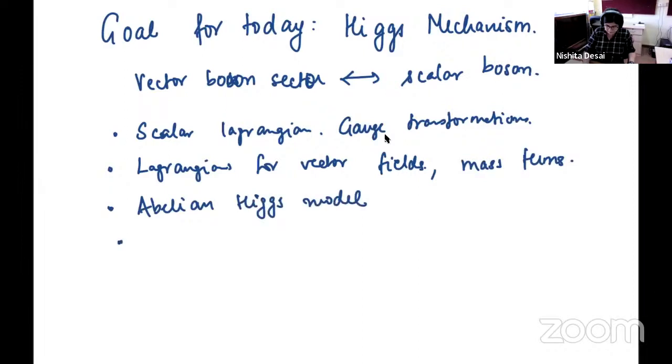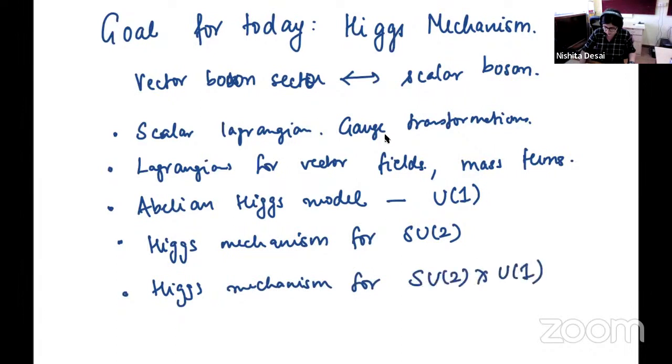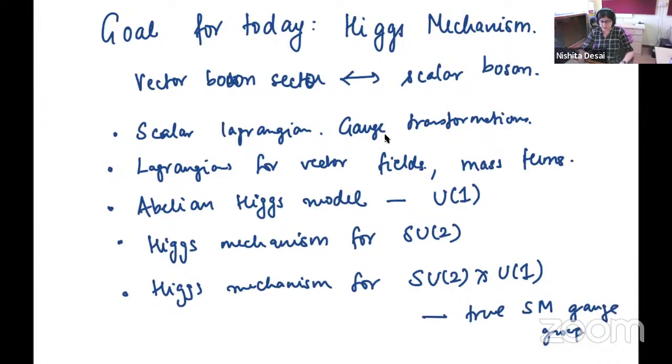The abelian Higgs model is for U1 gauge bosons. Then we'll do the Higgs mechanism for SU2, which is still a toy model. And finally, we have the Higgs mechanism for SU2 cross U1, which is the true standard model feature. It's a longish story, and it might take us a while to get to where we want to get to.